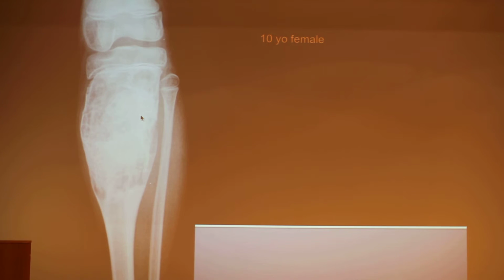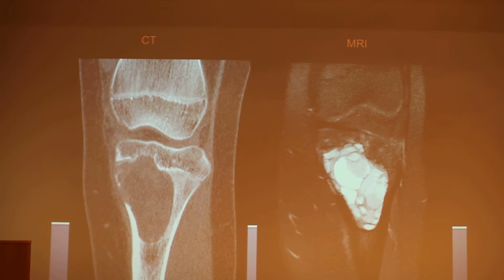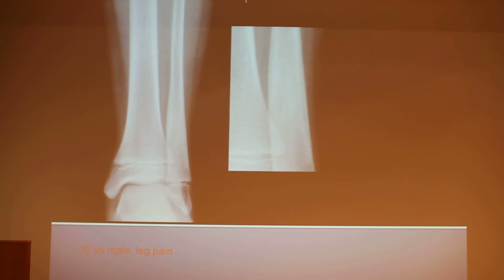Further studies were performed, here CT and the corresponding MR. On the CT, it's really tricky because you can see a large area of lysis with no real sclerotic rim around. And here on the MRI is characteristic of the lesion because you can recognize the trabeculation that you saw on the X-rays here, and the fluid levels, which were consistent with a small bone cyst.